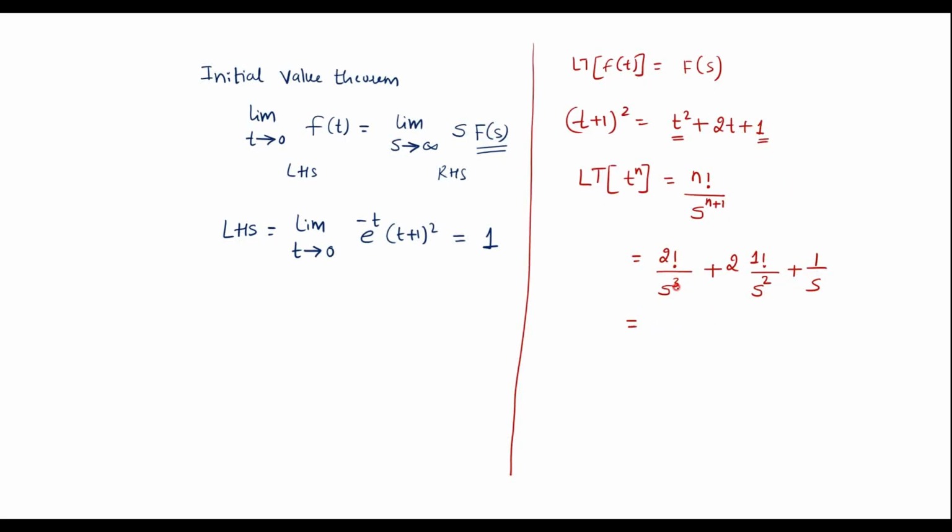So factorial of 2 is 2 itself, that is 2 by s cube plus here it will be 2 by s square plus 1 by s. So this is the Laplace transform of t plus 1 whole square.